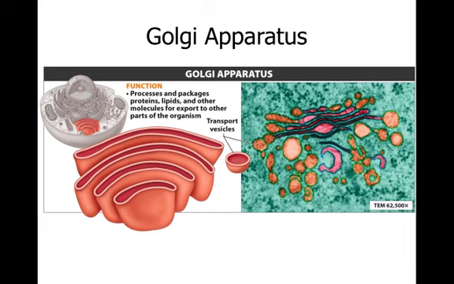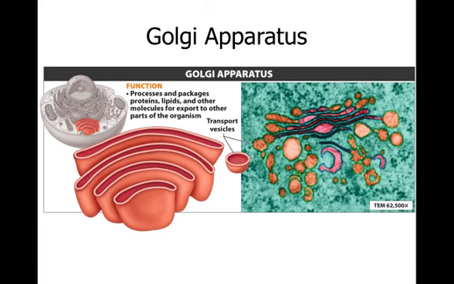Once it does that, the Golgi apparatus is going to process it. So it will recognize what type of glycoprotein it is, maybe add something else to it. And then it will package up the proteins, any lipids, and any other molecules for export and ship it out to the other part of the organism.